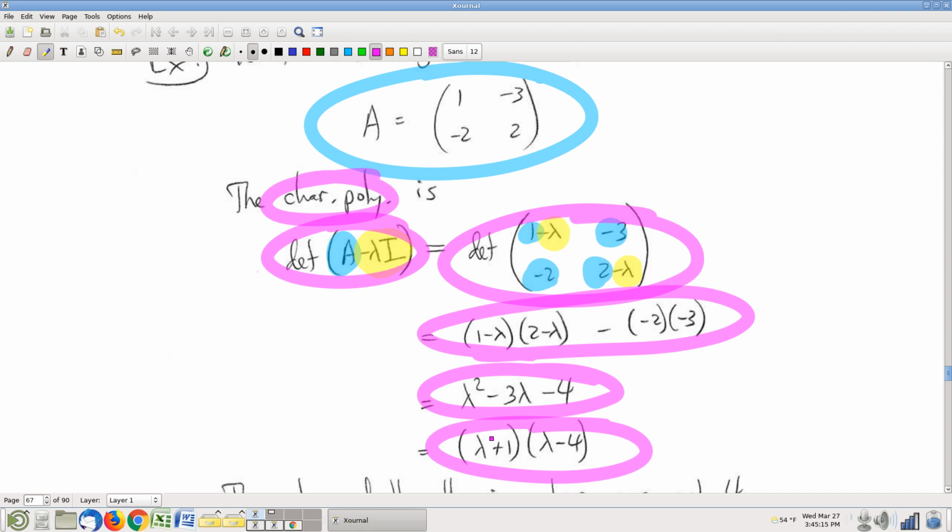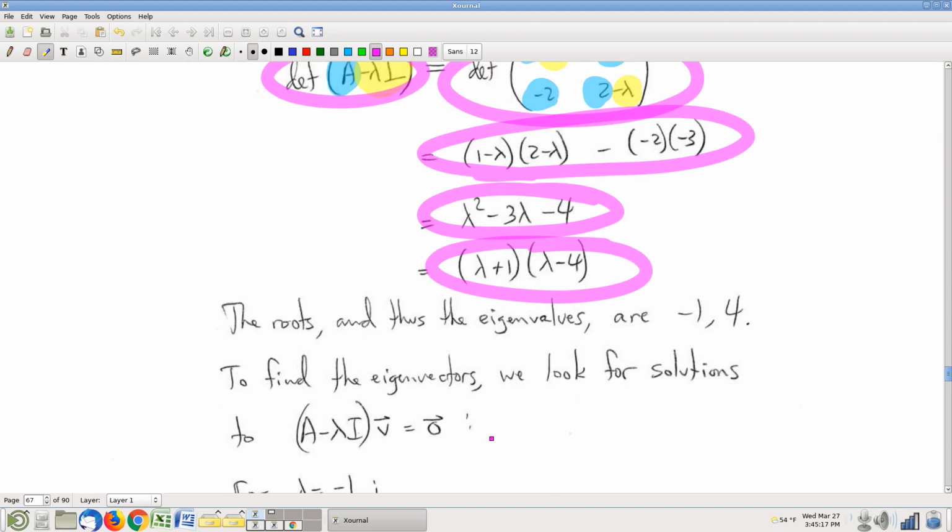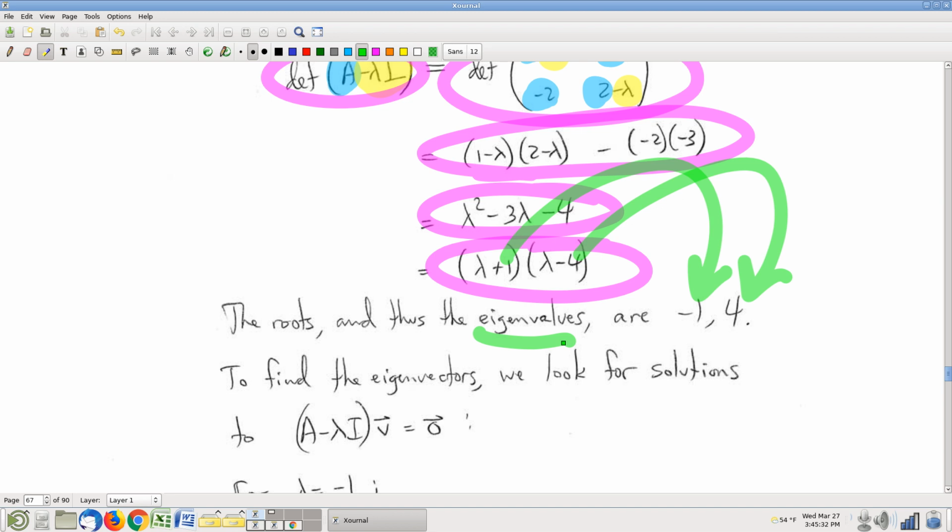The roots of the characteristic polynomial are the eigenvalues. So solve for lambda. You get these numbers, -1 and 4. Those are the eigenvalues. And with those eigenvalues, we can find eigenvectors by computing null spaces. And we'll do that in just a second.